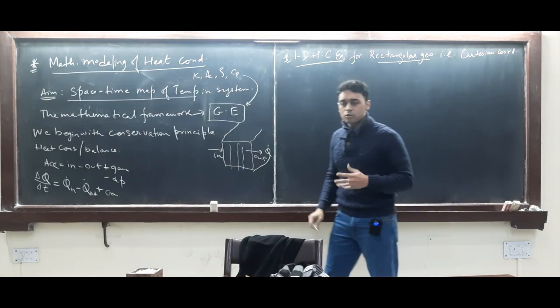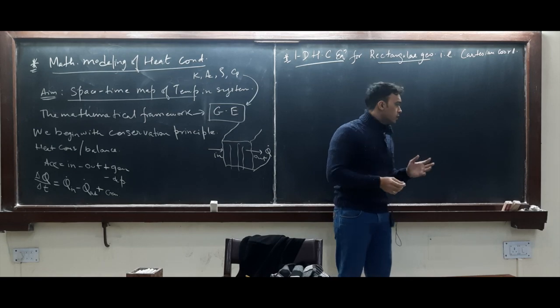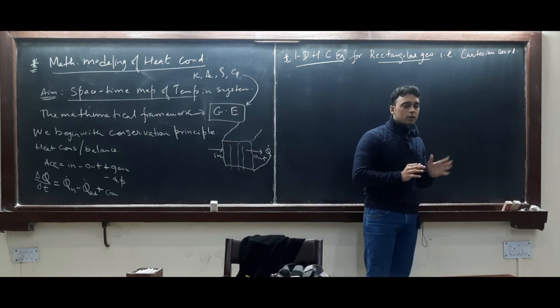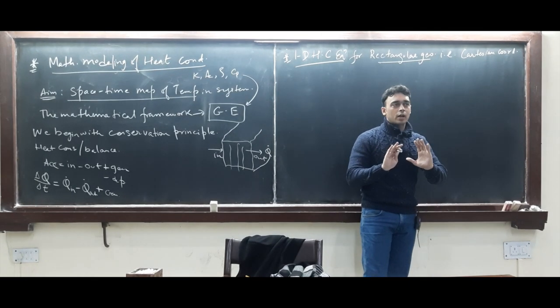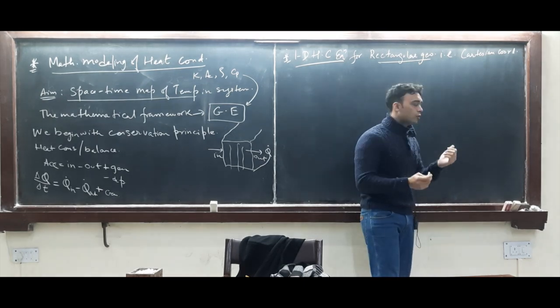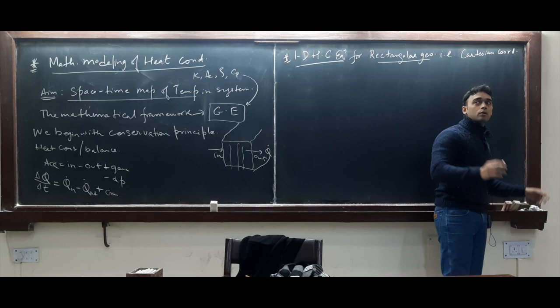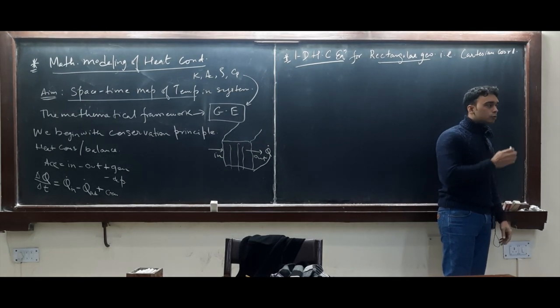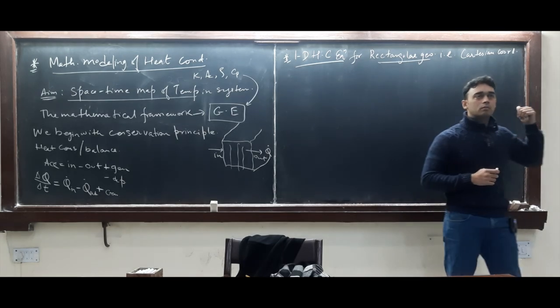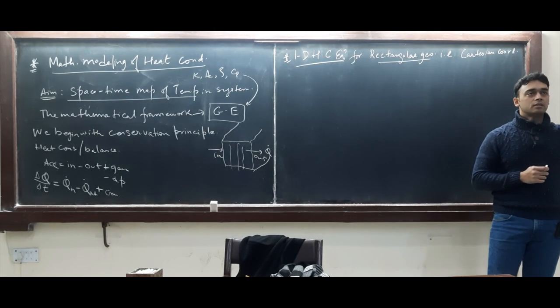Why do I say rectangular geometry, Cartesian coordinates? Because the equation that you will derive will be only suitable for rectangular geometries. We'll then go to the cylindrical geometries, which is more apt for a mug. But for now, if you are looking at something like this board or this wall, which is very planar geometry, and you want to use an equation, then you would use Cartesian coordinates, yes?